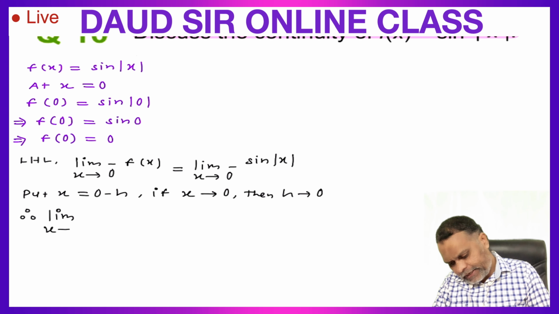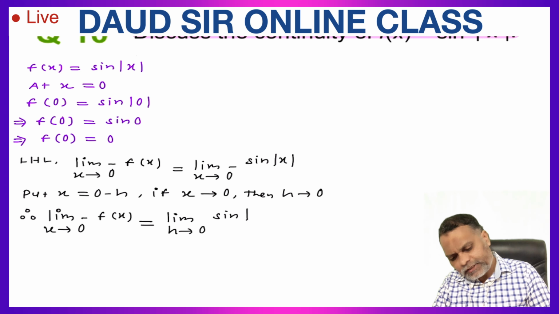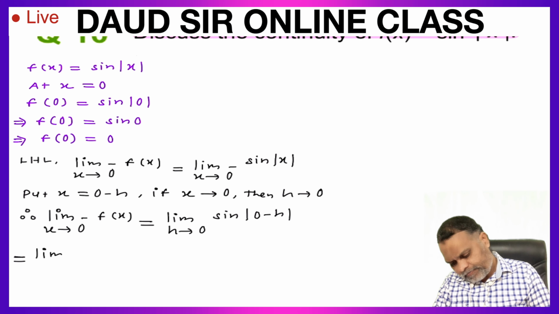limit x tends to 0 minus f of x is equal to limit h tends to 0 sine mod of, put x is equal to 0 minus h, which is equal to limit h tends to 0 sine mod of minus h.